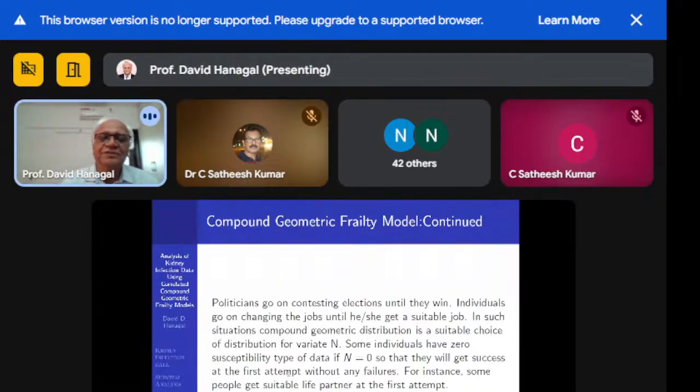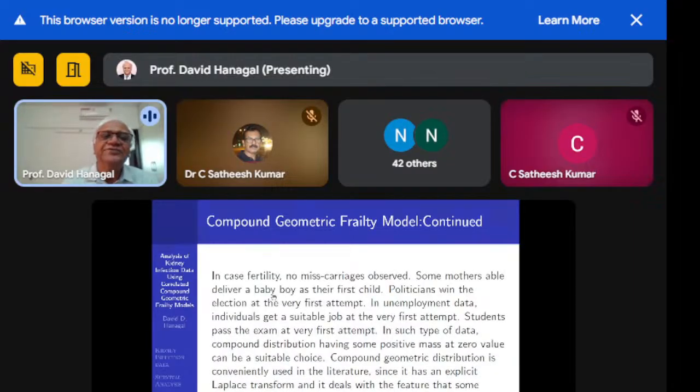There are some examples. Some people get a suitable partner at the very first attempt. In case of fertility, no miscarriages are observed. Some mothers are able to deliver a baby boy at their first child. A politician wins an election at the very first attempt. In unemployment data, individuals get a suitable job at the very first attempt. A student passes the exam at the very first attempt.